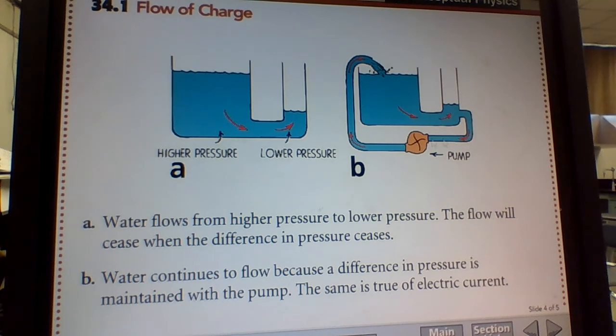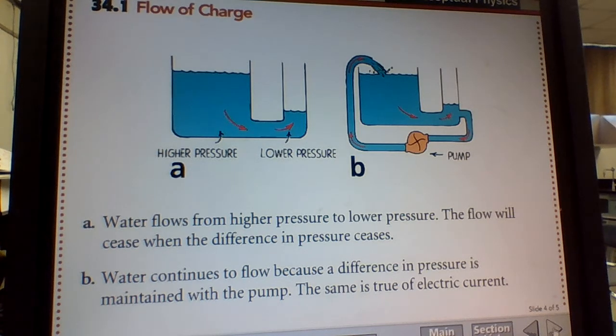You can fix this by throwing a pump into the system, and that pump would act very much like a battery or a generator, keeping the water flowing by bringing it from one end back to the other, just like we can take the electrons from one end and bring them back around.